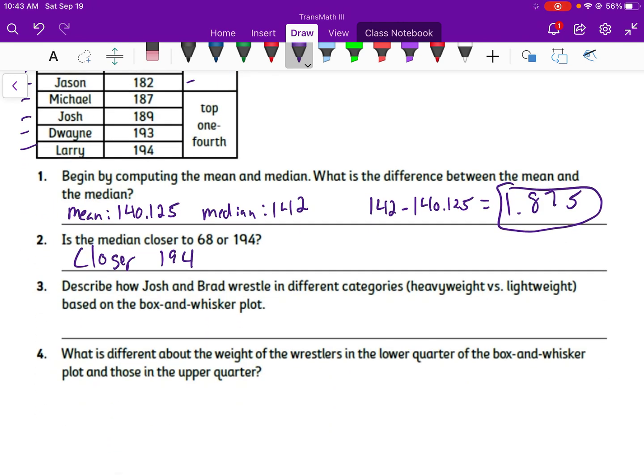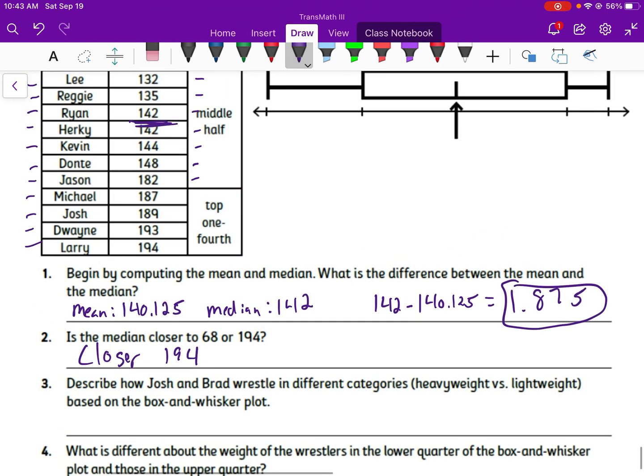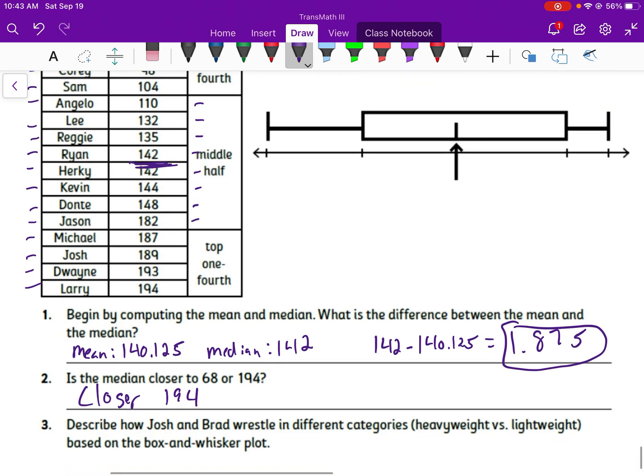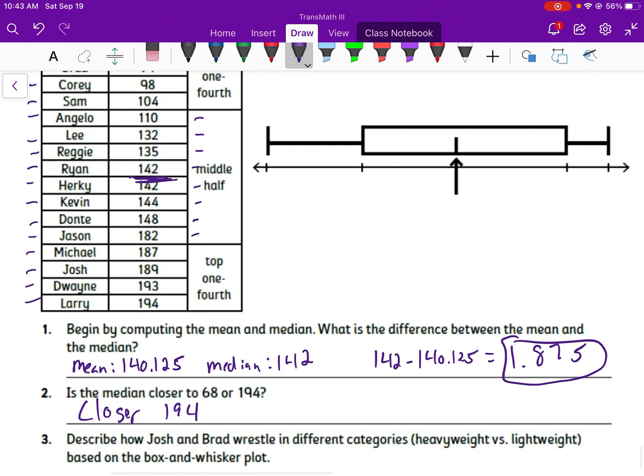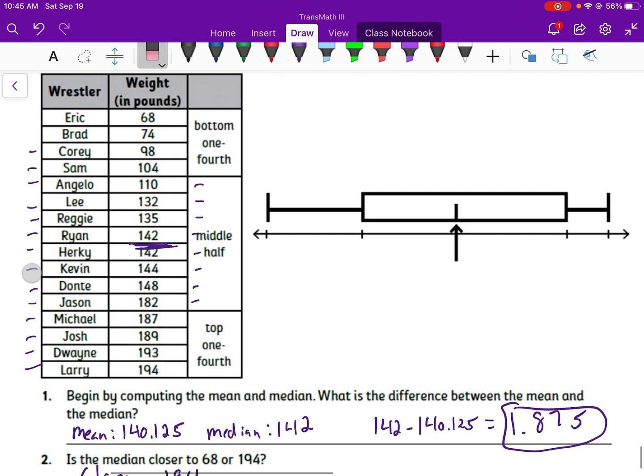Describe how Josh and Brad wrestle in different categories, heavyweight or lightweight, based on the box and whisker plot. When we look at it, let's go ahead and find Josh and Brad. We have Josh here and Brad here.